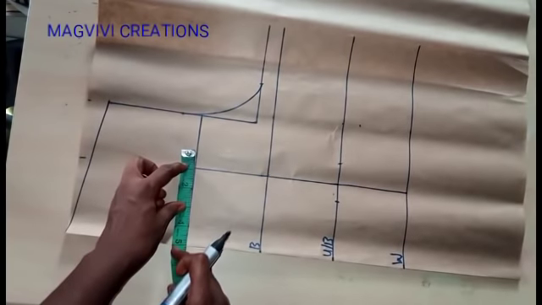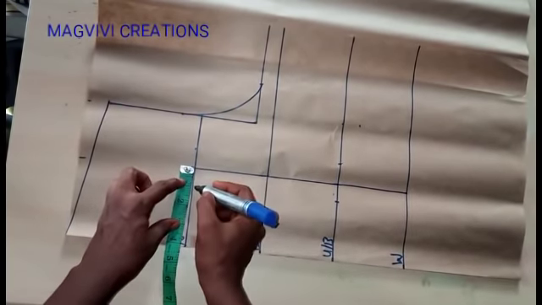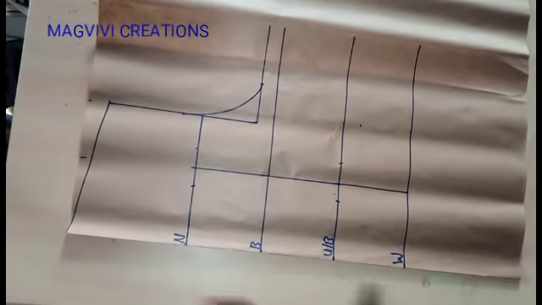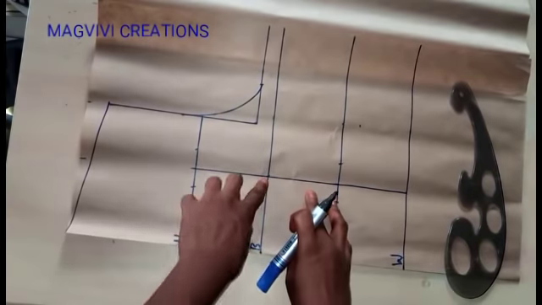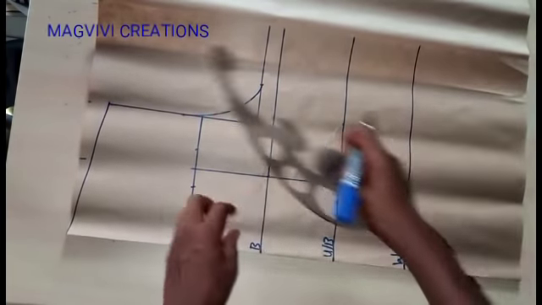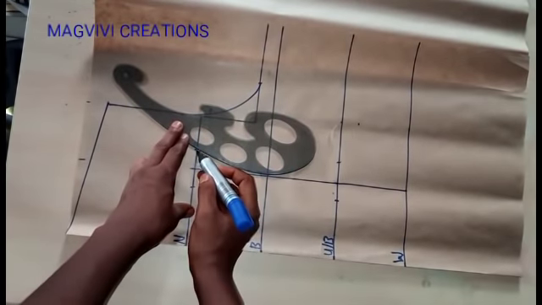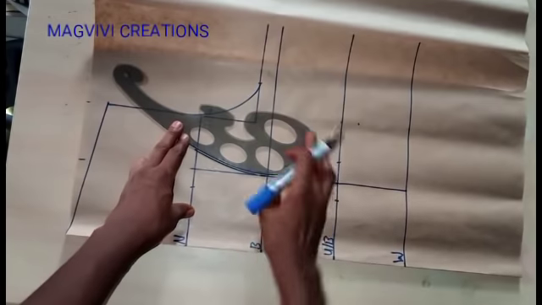You come to the neckline, you do the same thing: 1 inch on this side and 1 inch on this other side. By the time you have done this, you then connect it to the bust point. You can just use a curve to do that. You just connect it like so to the bust point.